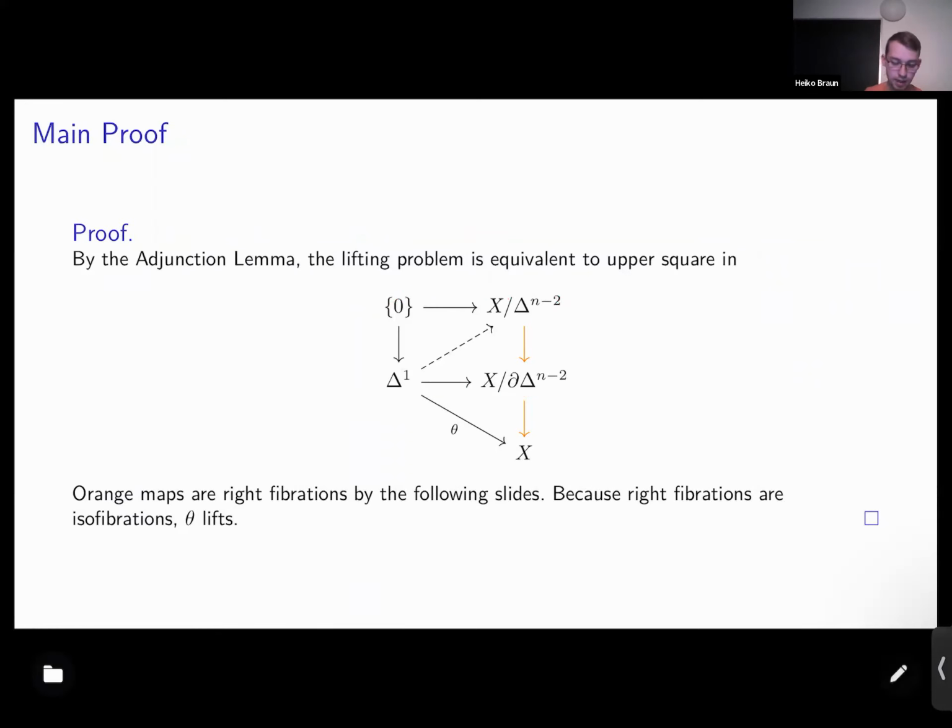And now I just tell you, and then later explain how the proof actually works. The orange maps, which are here and here, are right fibrations, as we will show later. And now, earlier we have proven that right fibrations are isofibrations.